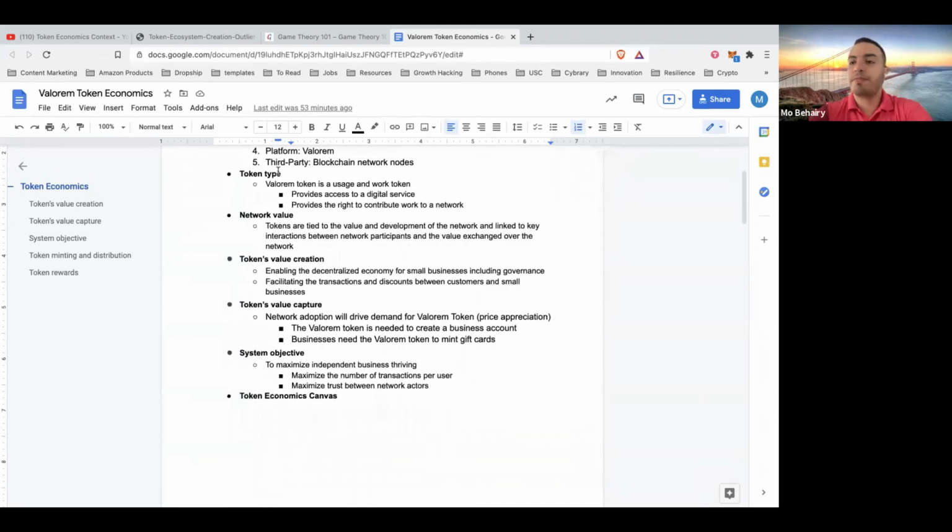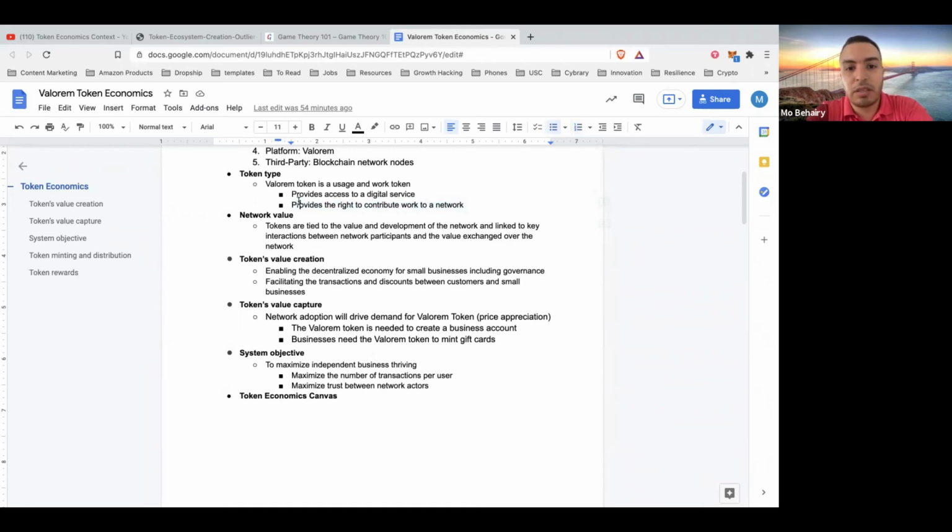Then the token type. In general, we have a couple of different types: usage and work, and also governance, right? Each type of token has its characteristics. For example, a token may give access to some services, whether digital or physical.